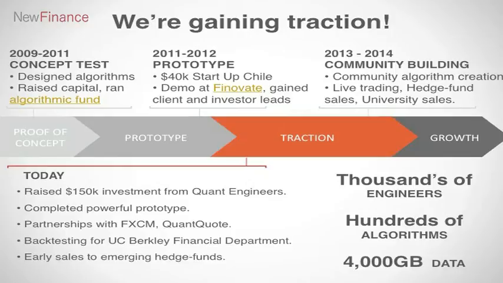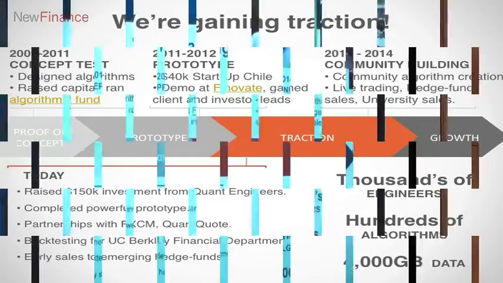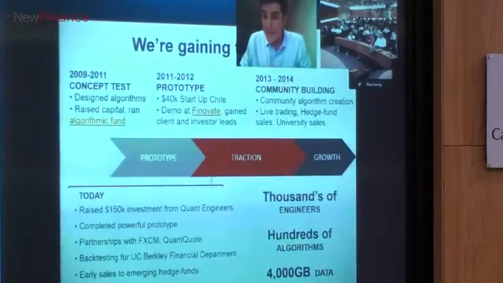It's been an interesting ride. Thankfully, the data is provided by FXCM. It's the largest retail foreign exchange brokerage, and our US equities data down to the tick level is provided by QuantConnect.